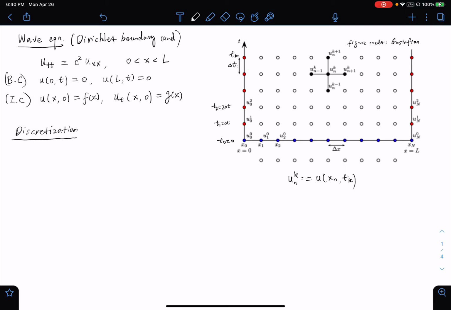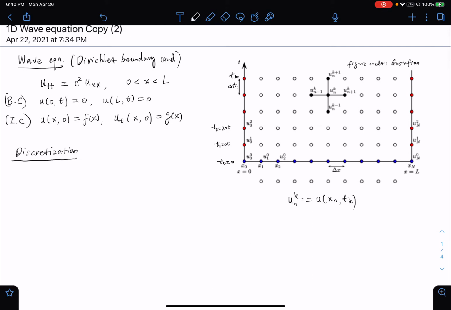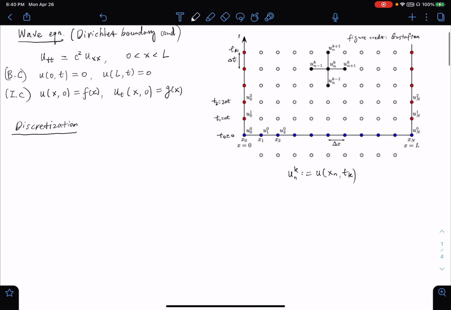Since we have already familiarized ourselves with this notation in the previous video, let us just derive the finite difference approximation to this equation using it. Let us calculate u_tt using the finite difference approximation at every grid point xn, tk.